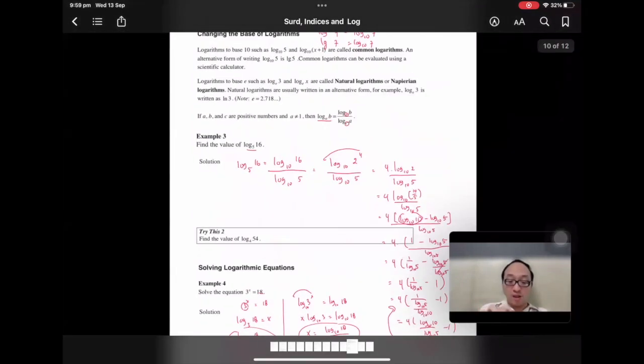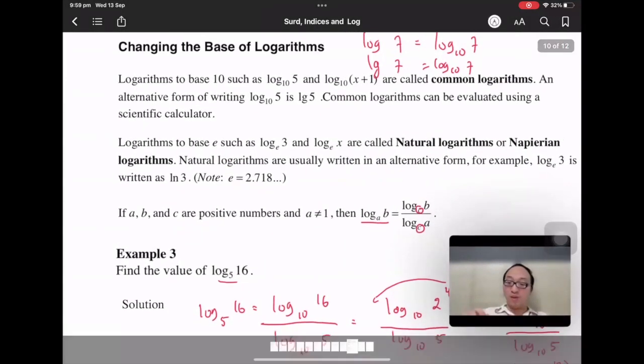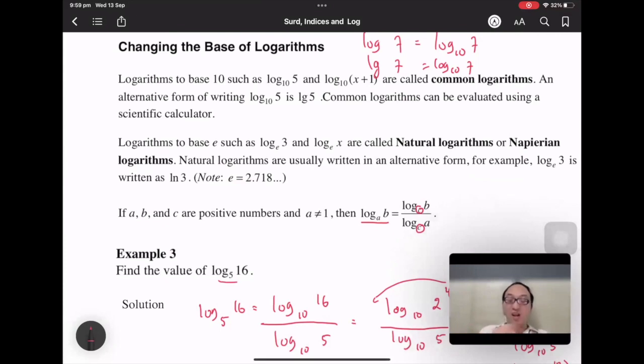And then in here, before we continue, we have a special logarithm with the natural number as base. The natural number is denoted by e, and the value of e is 2.718 with infinite digits.